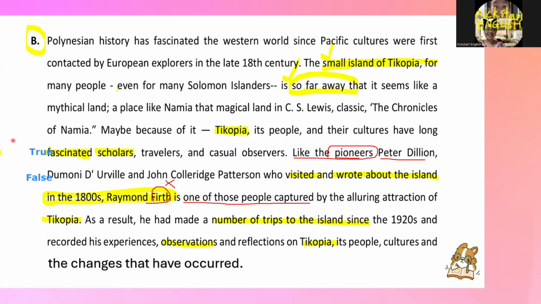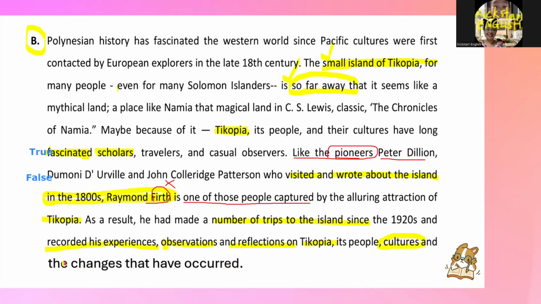So let's go back to paragraph B. What does Firth study? So let's read from this sentence. Raymond Firth, by alluring attraction, as a result, he had made a number of trips to the island and recorded his experiences, observations, and reflections on Tikopia, its people, its cultures, and the changes that have occurred.